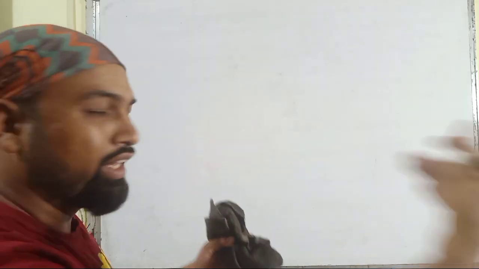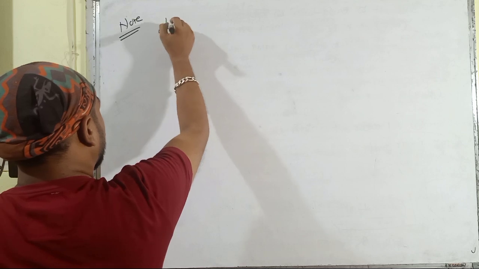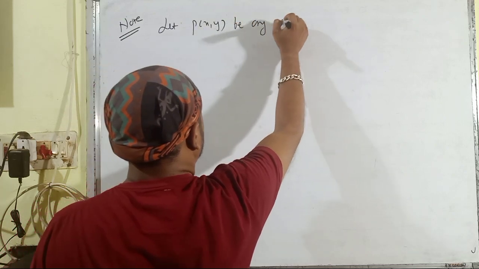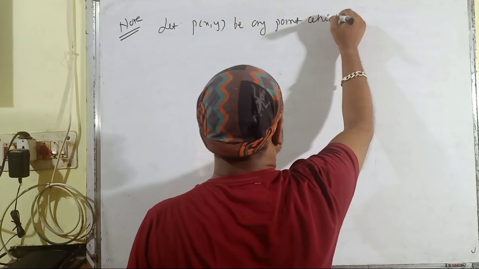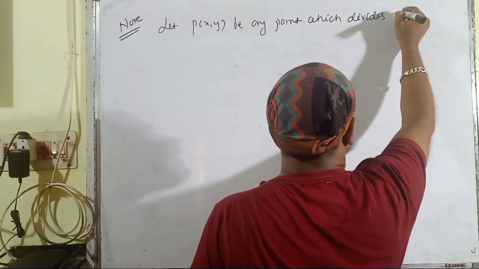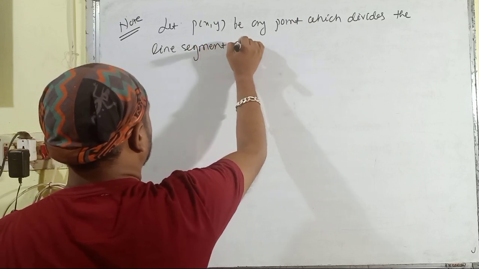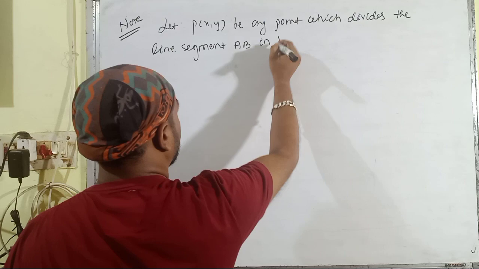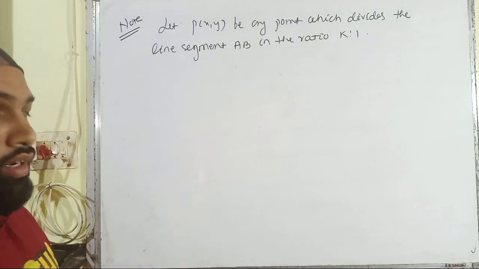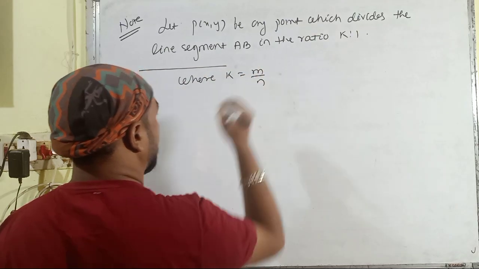Okay, let us go through the reverse way. Let P(x, y) be any point which divides the line segment AB in the ratio k is to 1, where k is equal to m by n.